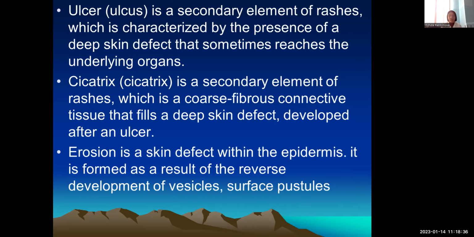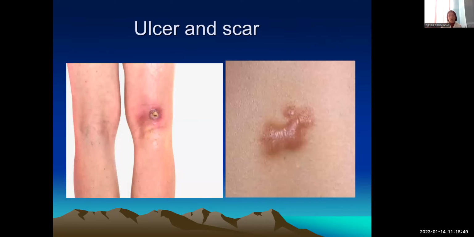Erosion is a skin defect within the epidermis. It is formed as a result of the reverse development of vesicles or superficial pustules. Ulcer and the scar after ulcer.